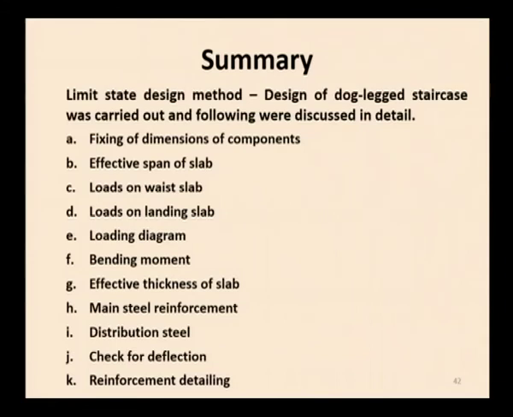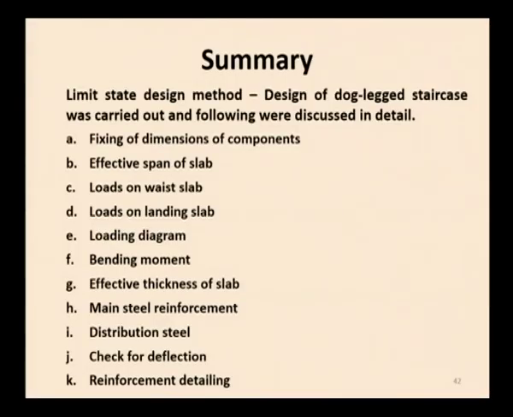Now, we come to the end of this lecture. Let us summarize this lecture. We have seen the design of a dog-legged staircase, which is used for any type of building, that is an office building or public building or any residential building. We have fixed the dimensions of components of the staircase, and we have started designing by finding the effective span of the slab and the load acting on the base slab and the landing slab.